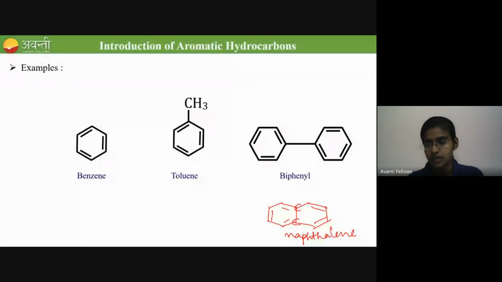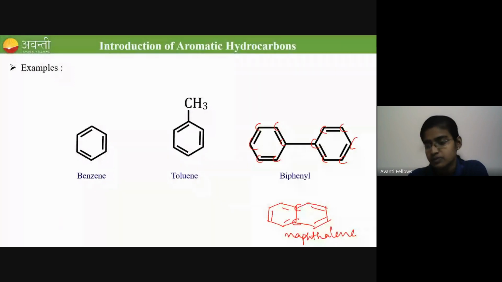Here in this biphenyl you see 1, 2, 3, 4, 5, 6. These two are separate rings, and here 1, 2, 3, 4, 5, 6. Still they are aromatic, but the name is different. The name is not naphthalene, it is biphenyl.